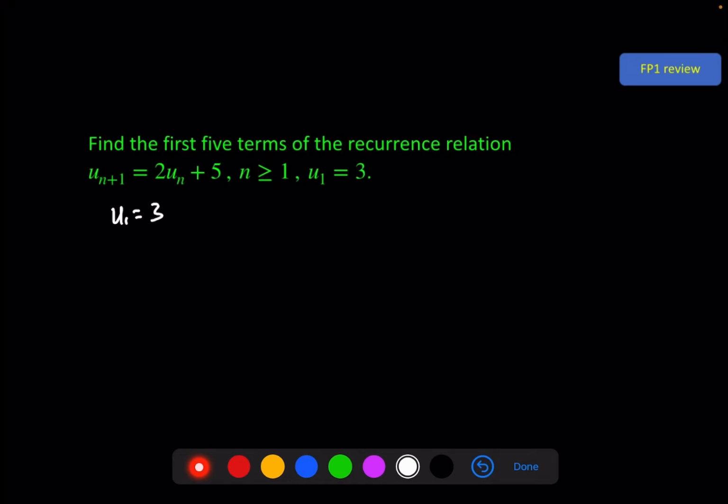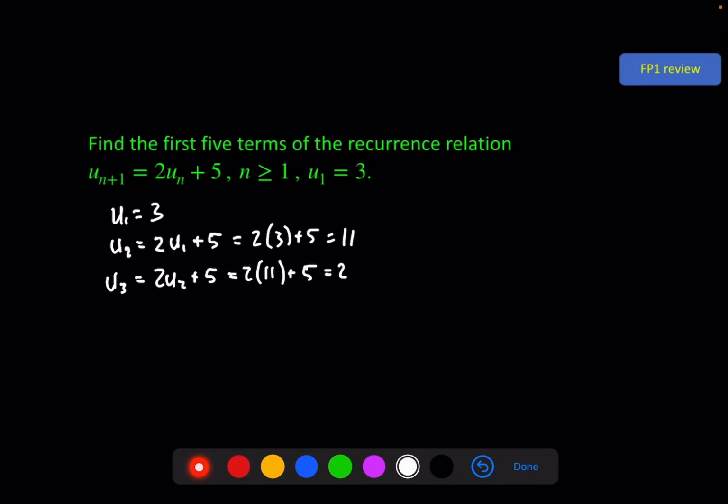We need 4 more. u_2, the next one, is equal to 2 times u_1 plus 5, so that's 2 times 3 plus 5, which gives us 11. u_3, following the same pattern, is 2 times u_2 plus 5: 2 times 11 is 22, plus 5 is 27. u_4 is 2 times u_3 plus 5: 2 times 27 is 54, plus 5 is 59.